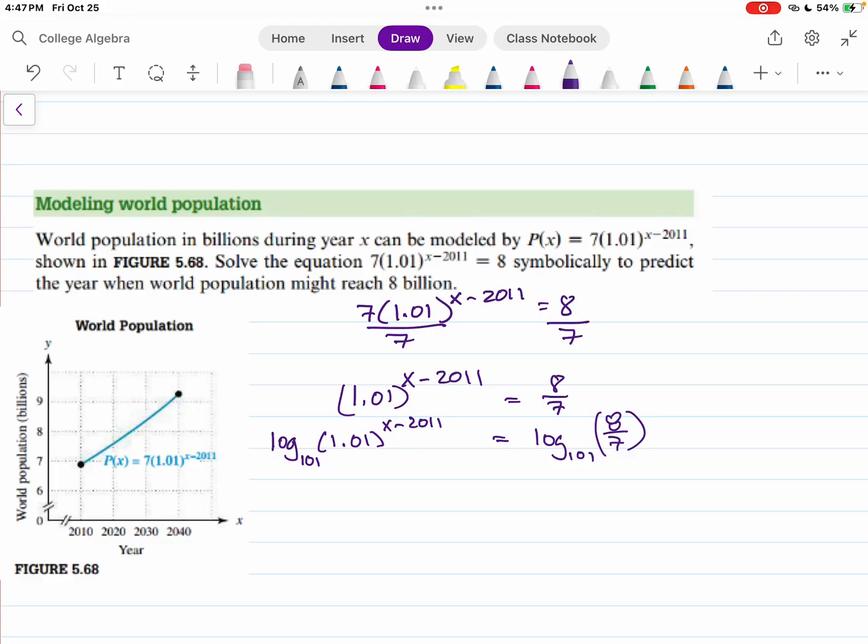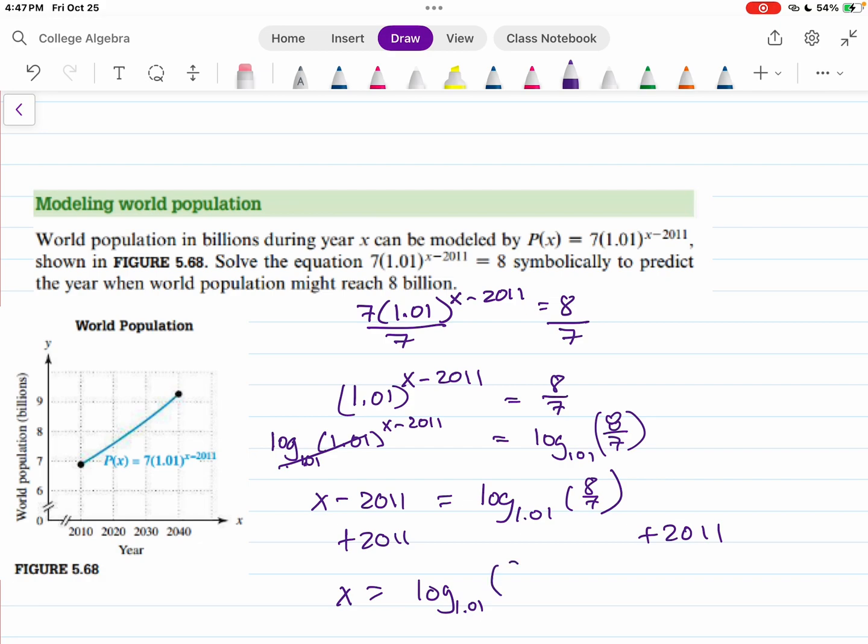Now the log base 1.01 cancels the 1.01, and I'm left with x minus 2011 equals log base 1.01 of 8/7. Then we add the 2011 over to the other side, as it's a constant. So x is equal to log base 1.01 of 8/7, and then that's all being added to 2011.